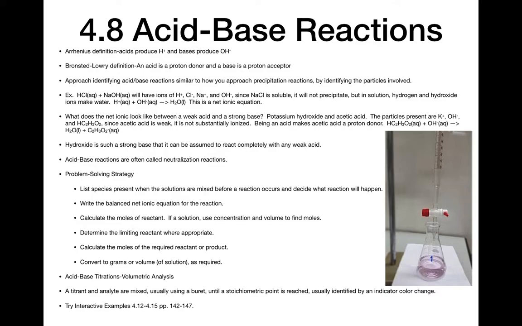The acetic acid is not ionized to any great degree, and the hydroxide and potassium ions are dissociated. The potassium ion will not react, and it will be HC2H3O2 plus OH minus making water plus acetate, which will be our net ionic equation that we use for our stoichiometry problem.